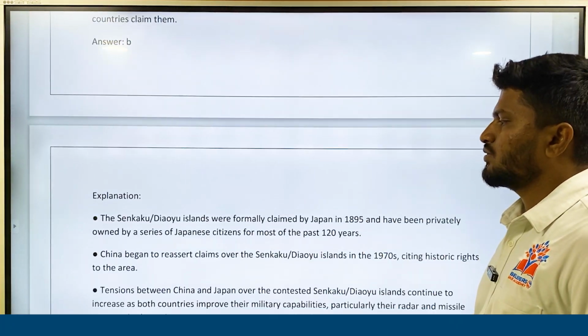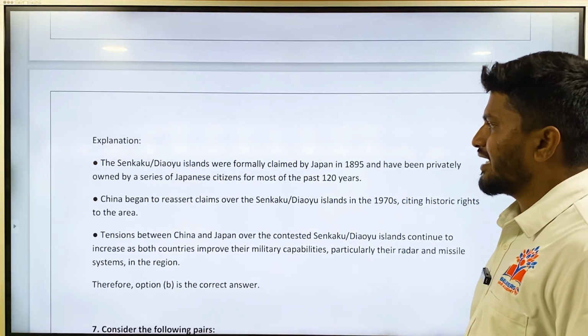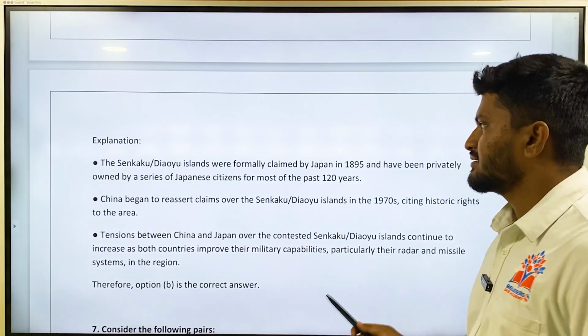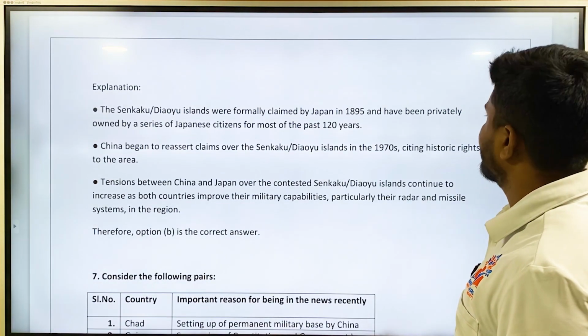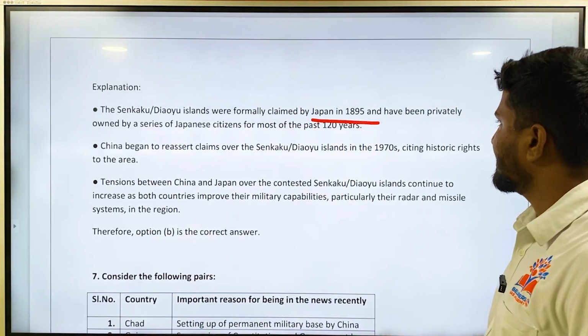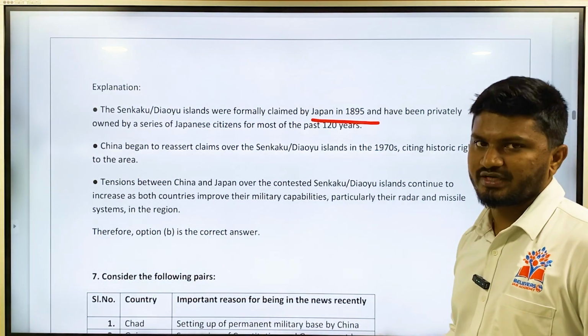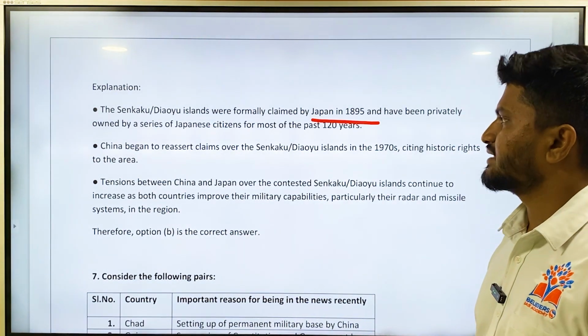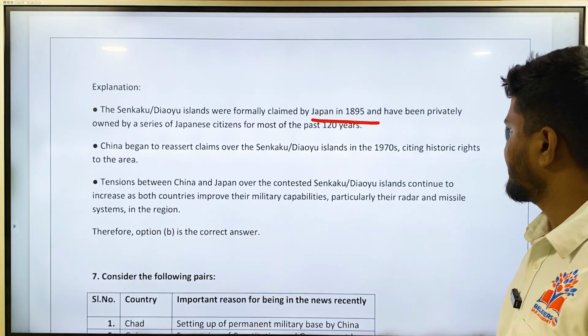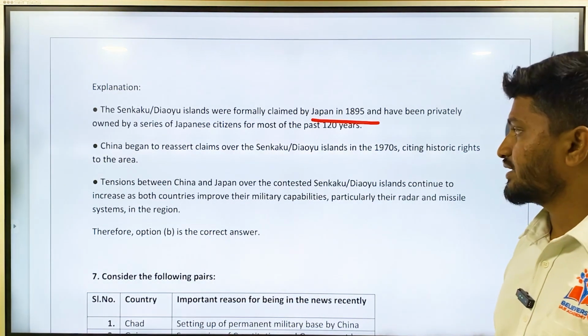So the Senkaku, as it is called by the Japanese, or Diaoyu, as it is called by the Chinese, islands were formally claimed by Japan in 1895 and have been privately owned by a series of Japanese citizens for almost the past 120 years. China began to reassert its claim over the islands in the 1970s, citing historic rights to the area.